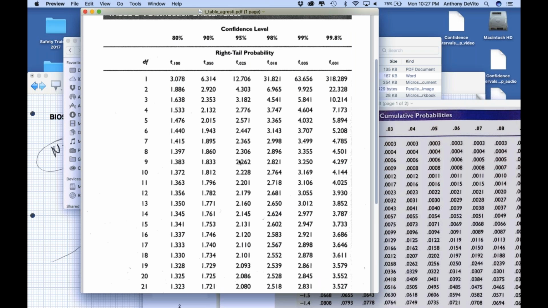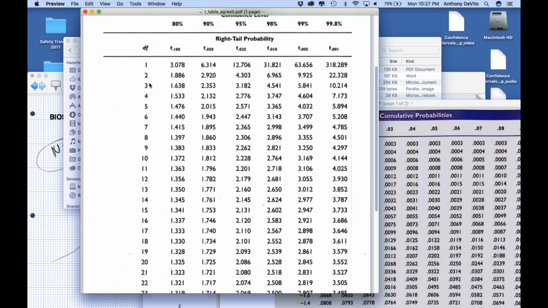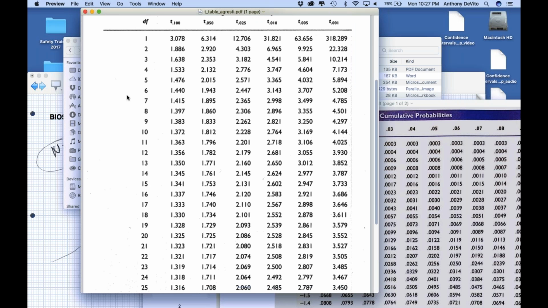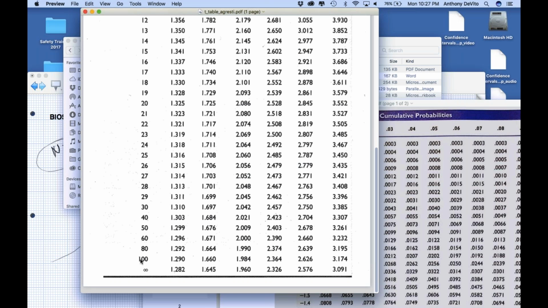Now, there's one other twist I've got to tell you about, and that is, instead of using sample size, this table uses degrees of freedom. And degrees of freedom basically represent the sample size minus 1 for our purposes here. So if we were looking at a sample size of 100, we would be up here, basically 99, probably basically the same thing.